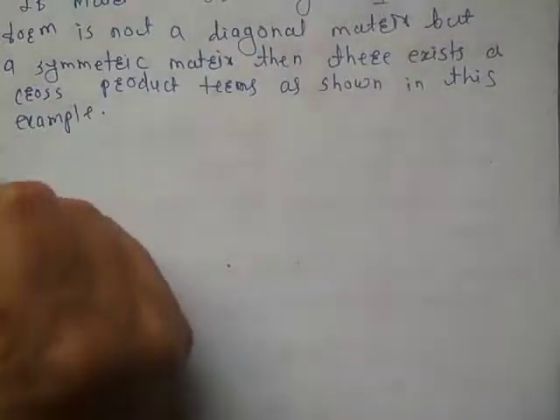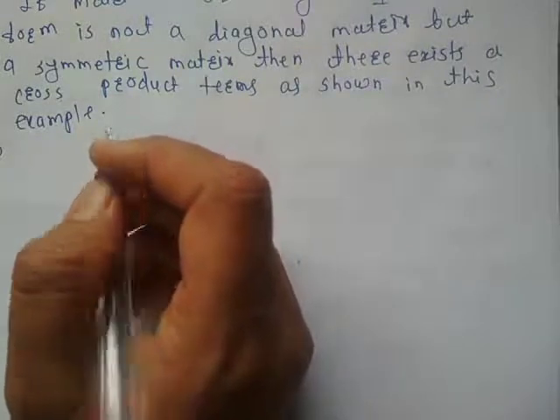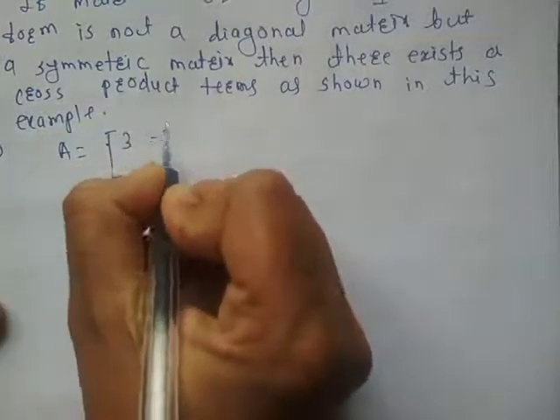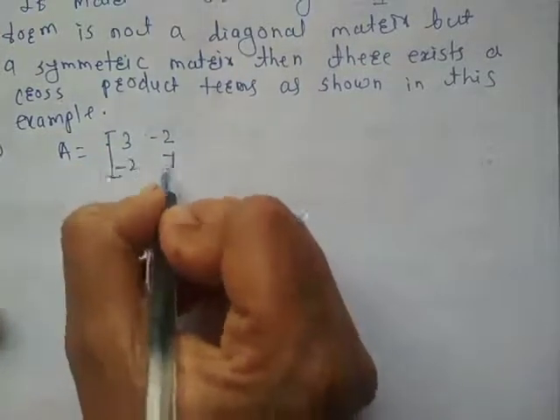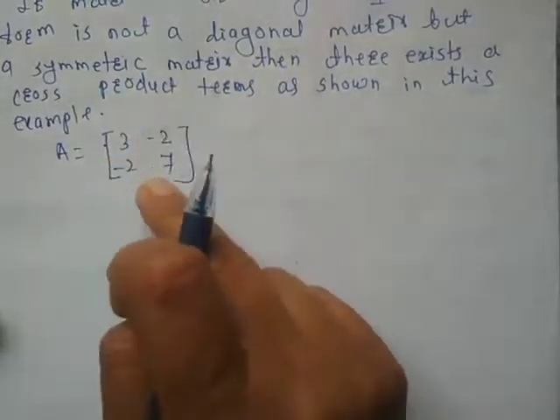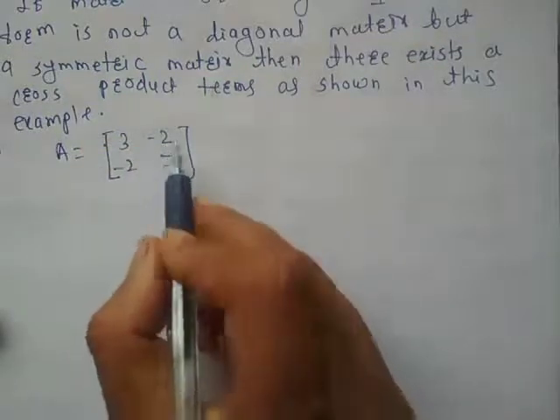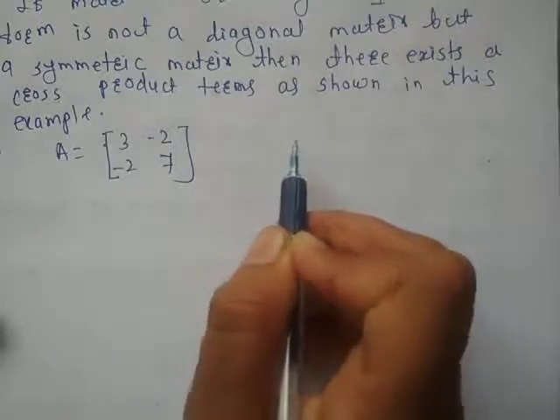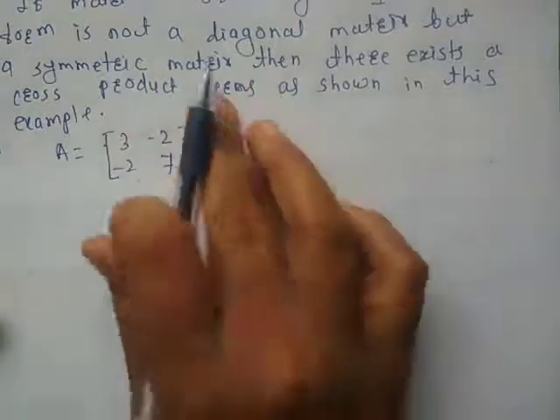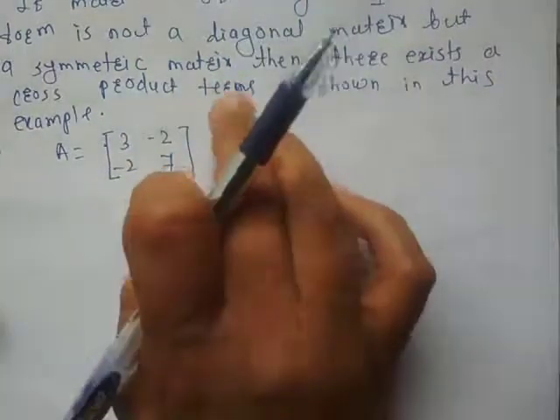Solution. We take A equal to the matrix [3 -2; -2 7]. This is the matrix of the given quadratic form, which is not a diagonal matrix but a symmetric matrix, where symmetric means Aij equals Aji for i not equal to j. We have to show that there exist cross product terms in the quadratic form.